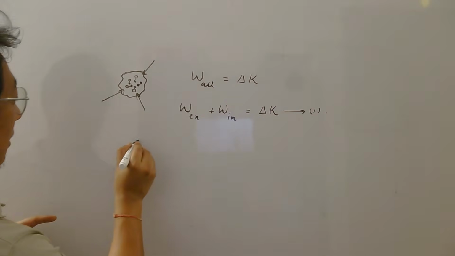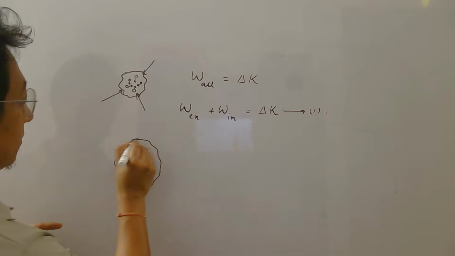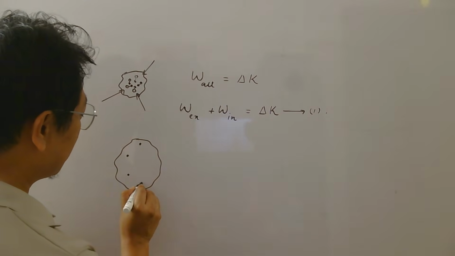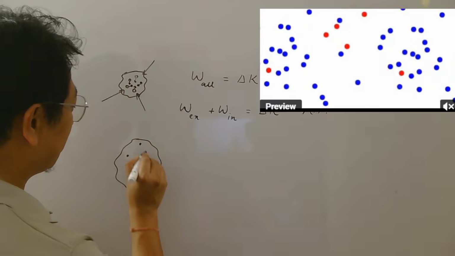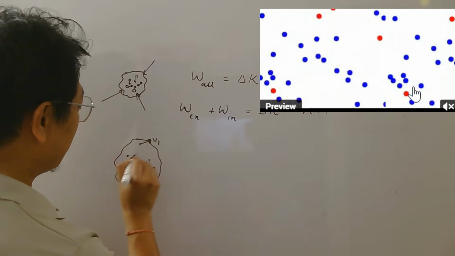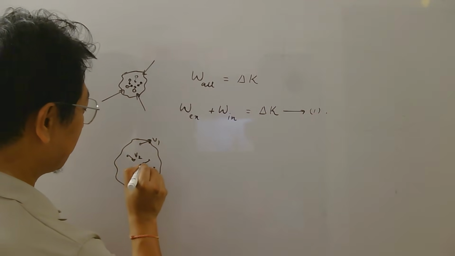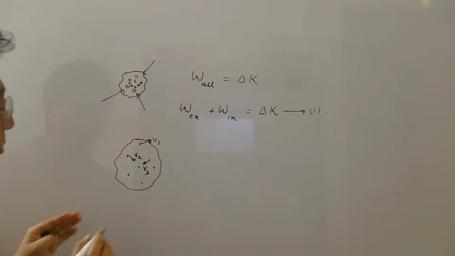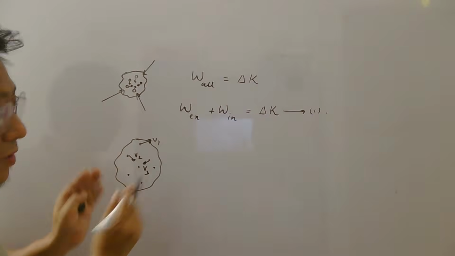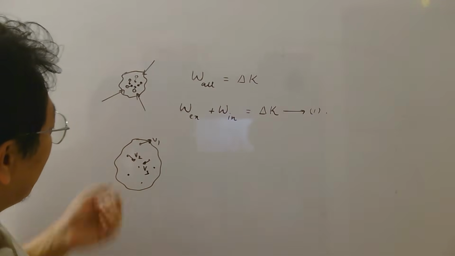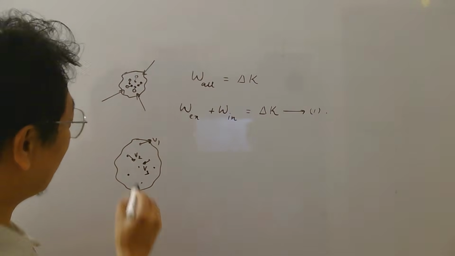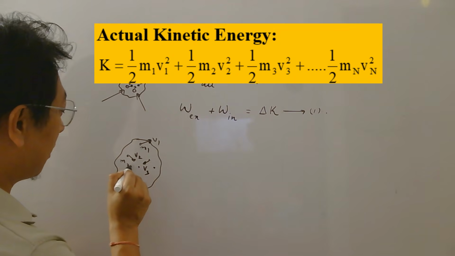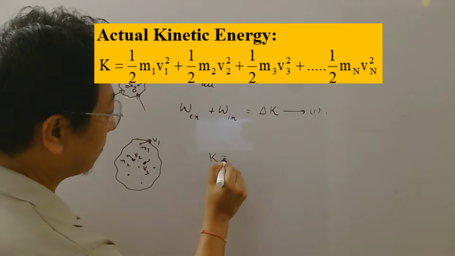Now generally, in a system, all the particles will not be moving with the same velocity. Different particles may move with different velocities. So to write the kinetic energy of this system, we have to write the kinetic energy of each particle individually: half m1 v1 squared, half m2 v2 squared, and so on.